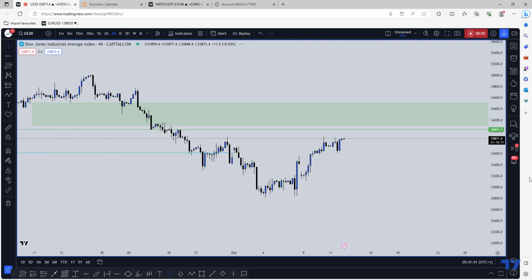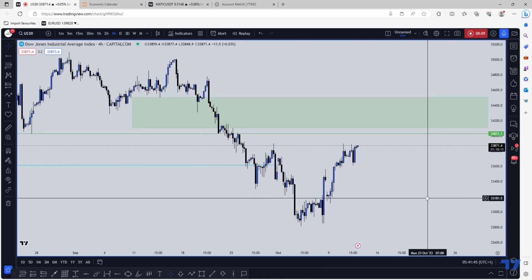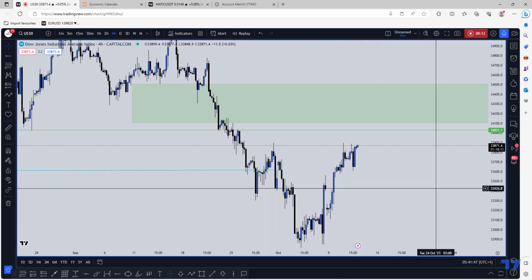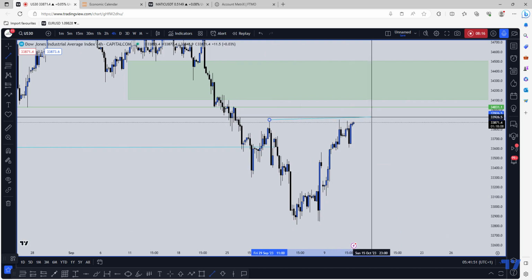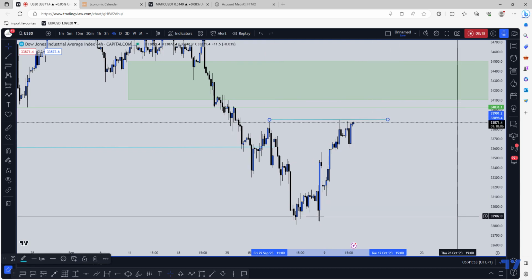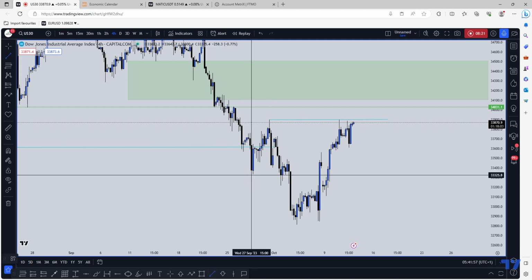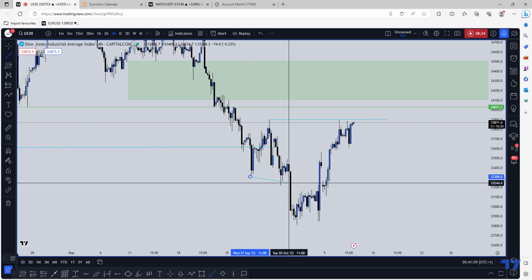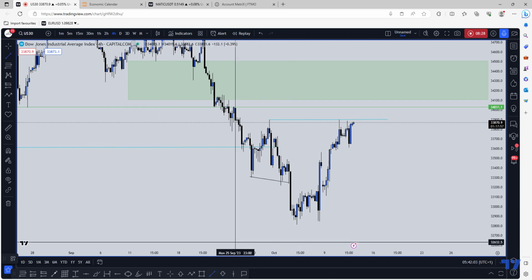Now, if we drop down to the 4-hour time frame, this is where things get interesting. We're going to talk about this price action in a moment on the lower time frames, but here on the 4-hour perspective, we can identify that the market is testing this significant high, and there is definitely going to be a vast amount of stop losses above that high.